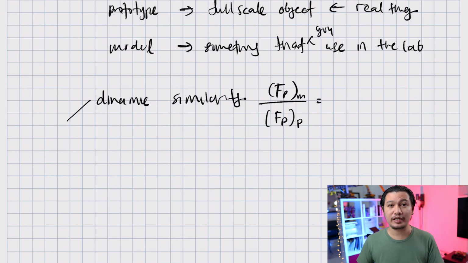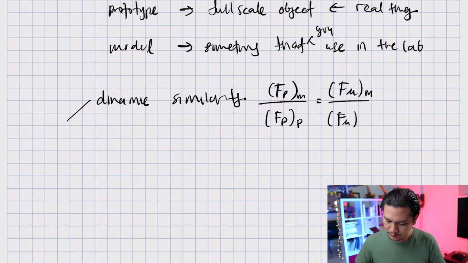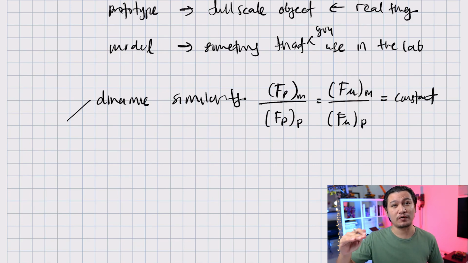And let's say this model is also subject to viscous force. So if I write here viscous force of the model divided by the viscous force of the prototype must actually equal to a constant value. And that is how you achieve dynamic similarity. It has to do with the ratio of the forces between model and the prototype.